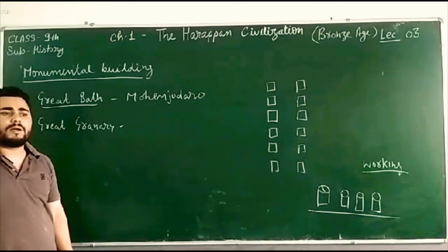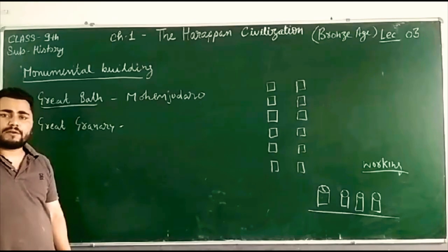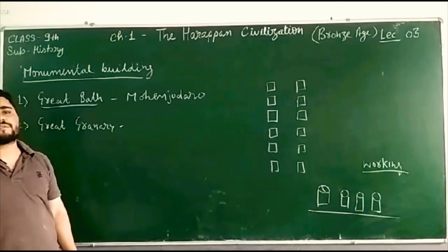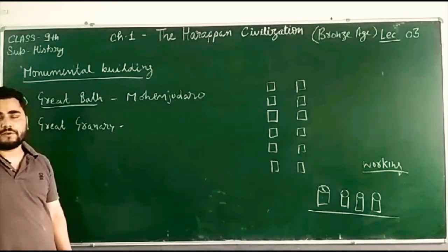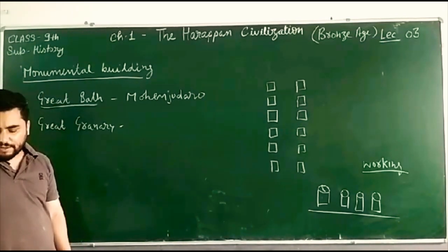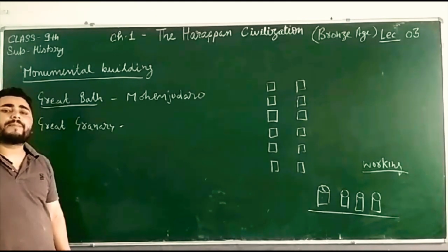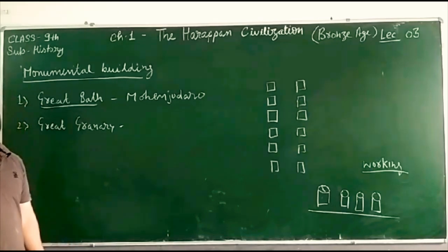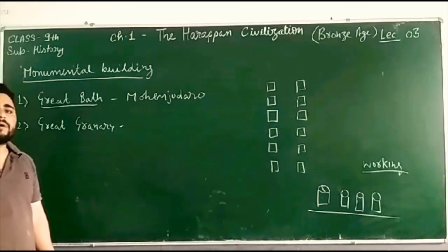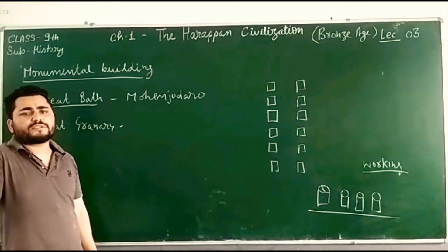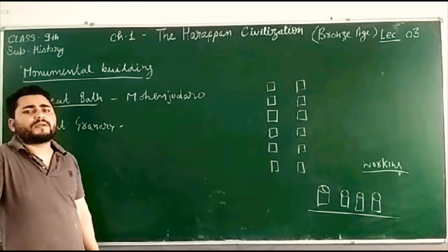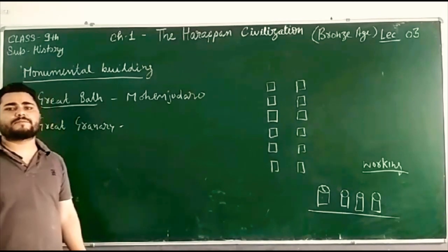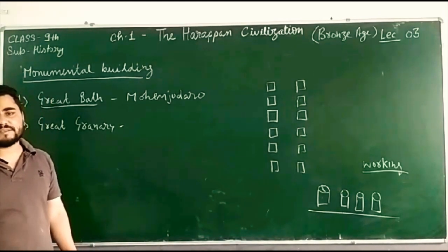The well room and the granary storehouses were built on the ground floor, and the residential houses were made on the second floor or first floor, right? And then we have studied that the houses were made of burnt bricks. Burnt bricks means pakki eent. We have also studied that the main gate of the house opened towards the narrow lanes, not towards the main street. We have studied that there were proper windows, also ventilation systems.